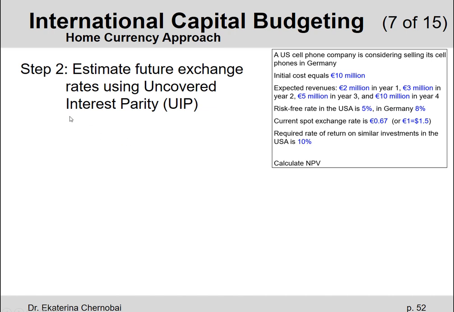The goal is to convert all the future cash flows back into dollars. So for that, we need to know what exchange rate we will use for each year. So in step 2, we estimate future exchange rate for each year using the uncovered interest rate parity formula.